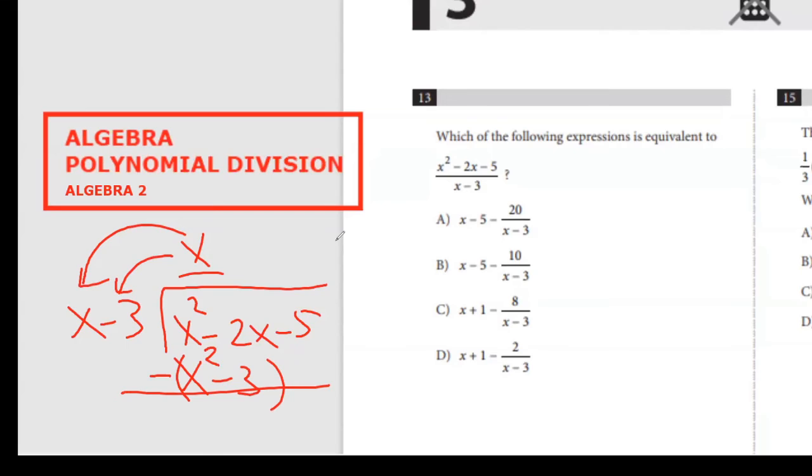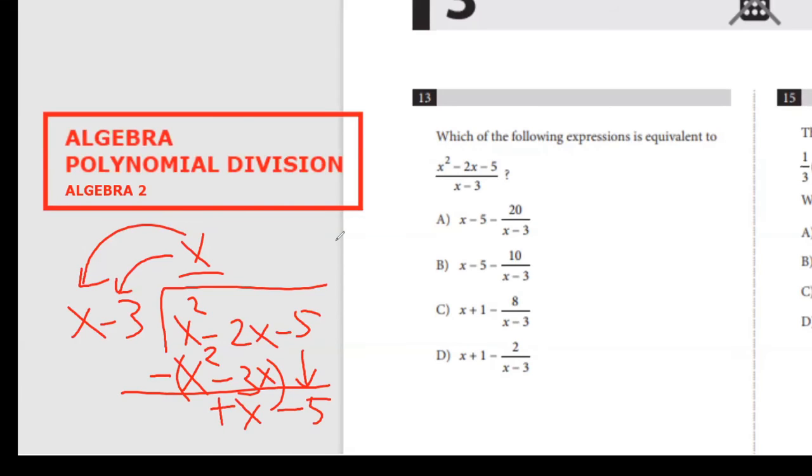Minus 2x minus 3x, what's minus 2x plus 3x because of the double negative? -5x. No, we're subtracting it. So since we're subtracting -3x, so what's minus 2x? Right, it's going to change it to a plus. So it'll be plus x, bring down the next term.